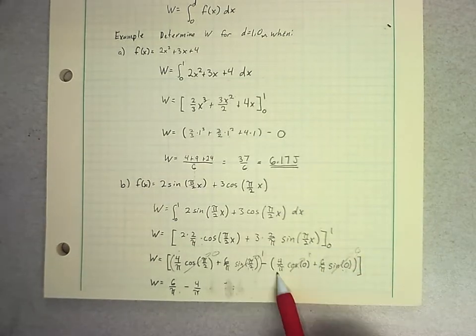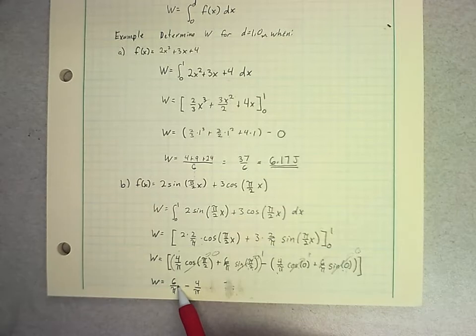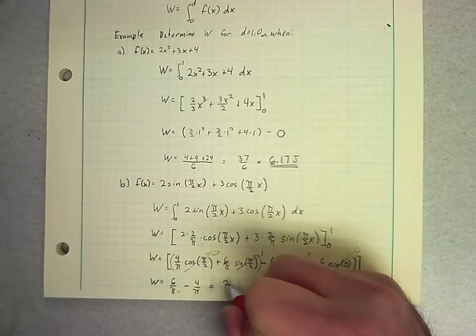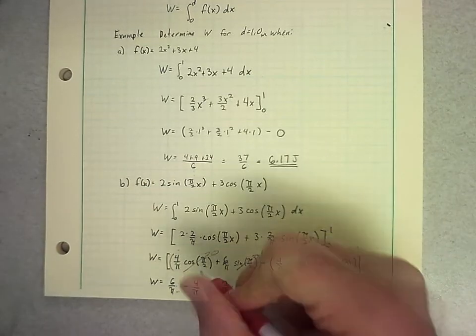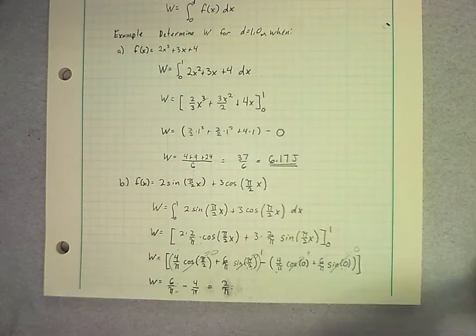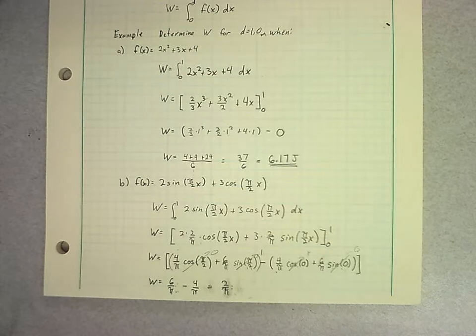So we just end up with the cosine term for that. So we really just end up with 6 over pi minus 4 over pi, which is 2 over pi, which is an exact answer. Of course, in engineering, we generally want to get it out as a decimal because we can't just turn into our bosses whatever 4 over pi is.